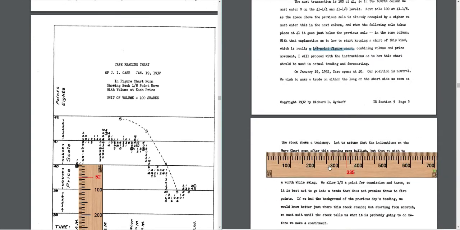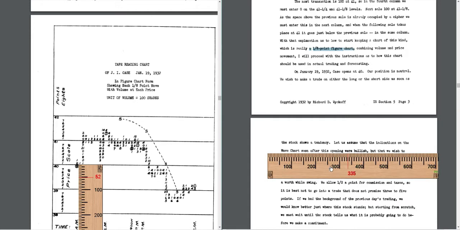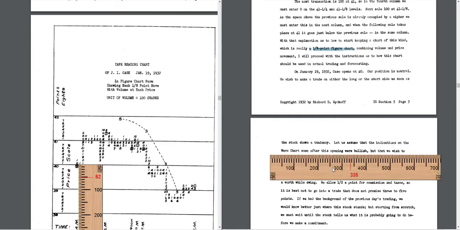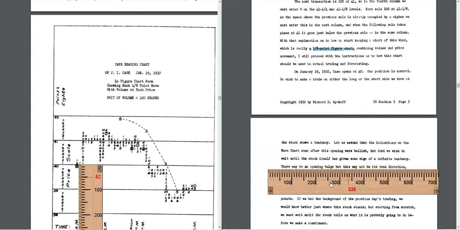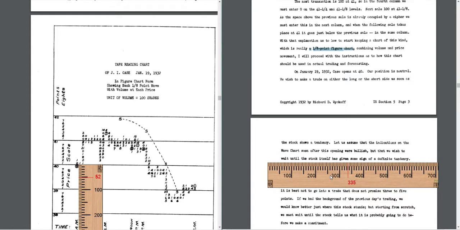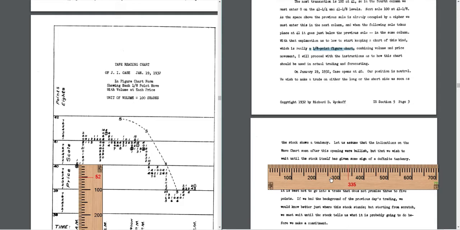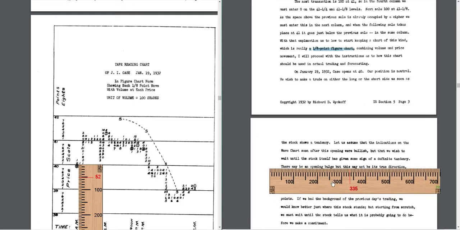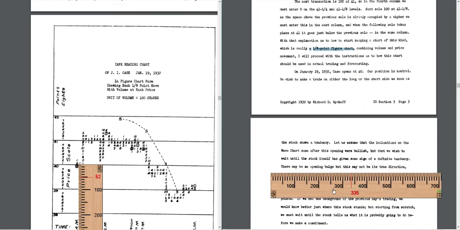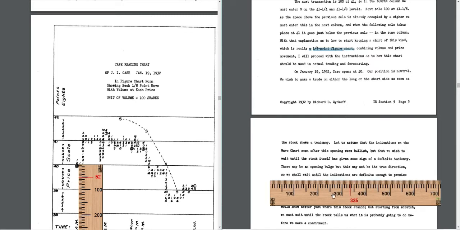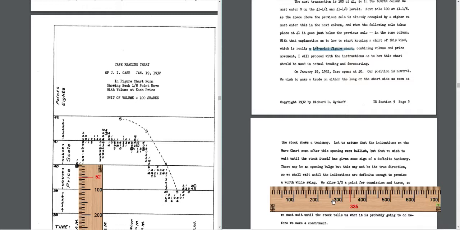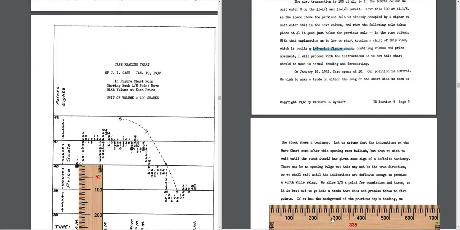Let us assume the indication on the wave chart soon after this opening were bullish, but that we wish to wait until the stock itself has given some sign of definite tendency, which is another word for confirmation. There may be an opening bulge, but this may not be its true direction, so we shall wait until the indications are definite enough to promise a worthwhile swing. We allow half a point for commission, taxes, etc.